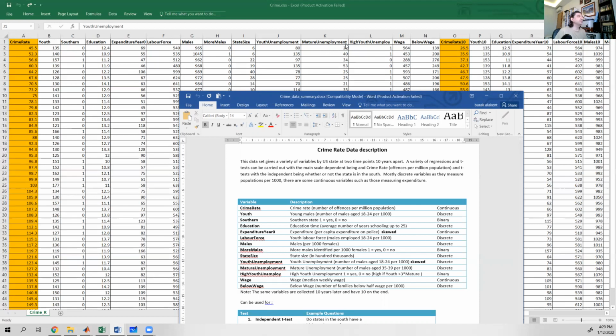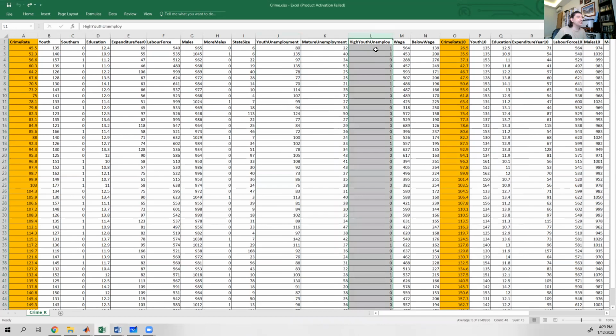So there are, for instance, 80 or about 100 youths per 1,000 in this state. So approximately 10% of the youths are unemployed in those two states. This is what it means. And high youth unemployment is whatever the high corresponds to for that state.